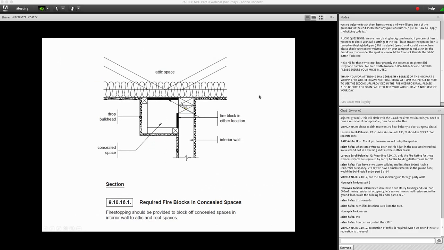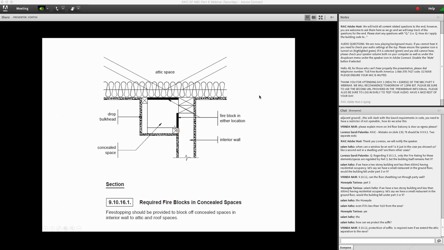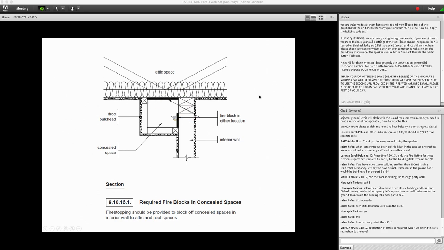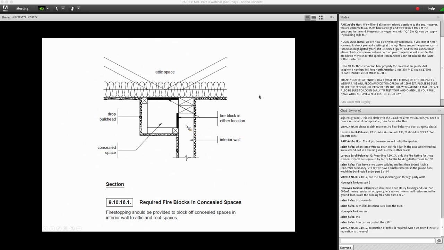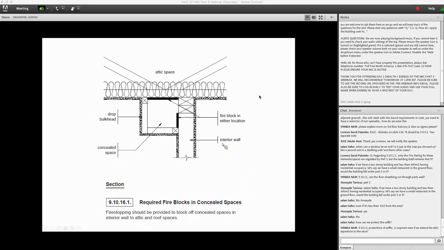So, as an illustration, we have an attic space, and then we have fire blocking between the attic space and the adjacent vertical concealed space.